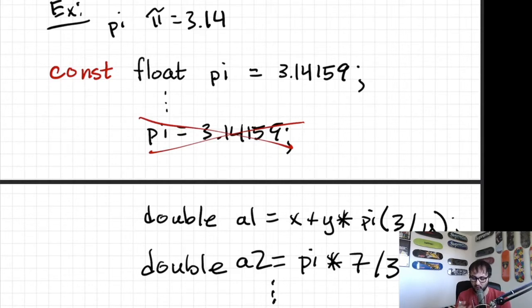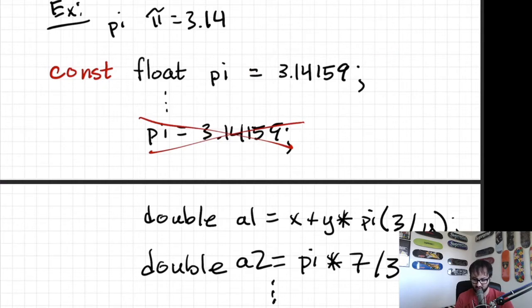Instead of having to go down here and say, before this was 3.14, and now I need to add a 159, and so on and so forth, it's so much easier just to edit it the one time right here.